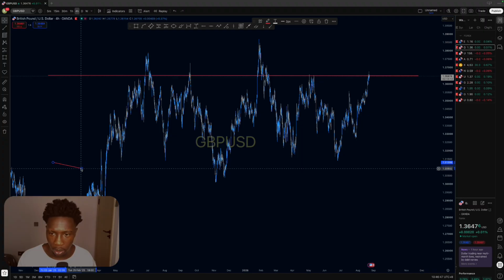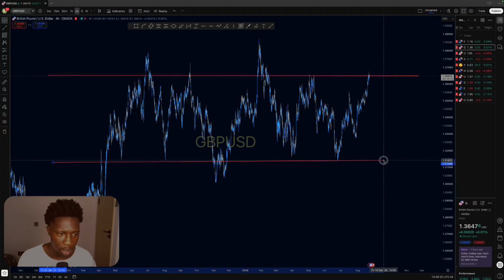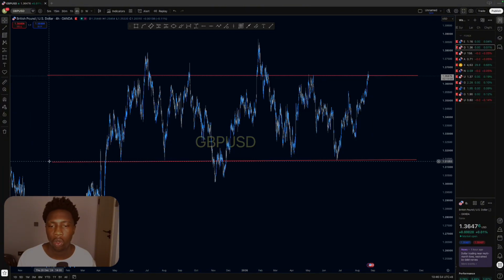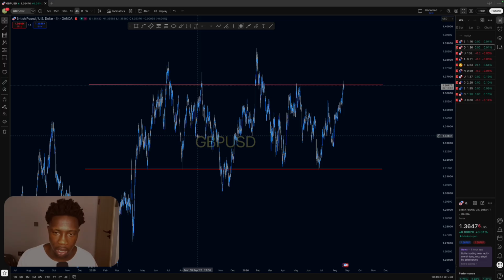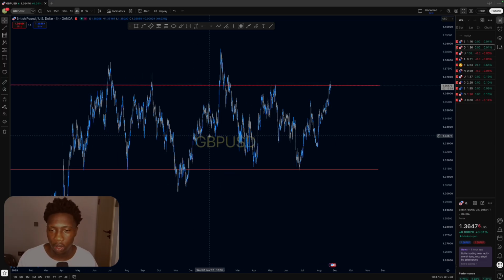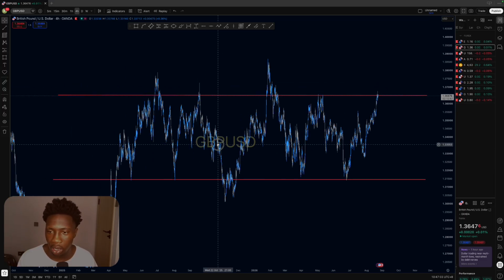So we have our resistance level and our support level if we say the market is ranging. So when we do this, it becomes clear that the market will reverse at the resistance and also reverse at the support level, as the market is being controlled by those levels.